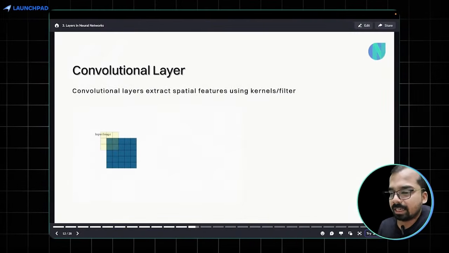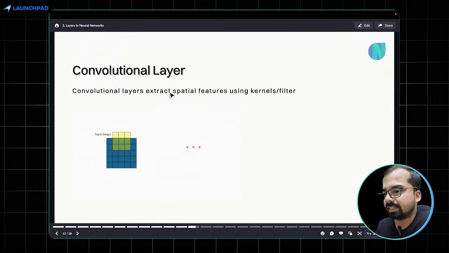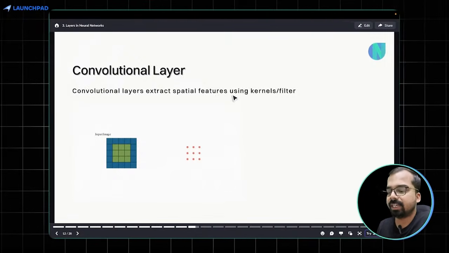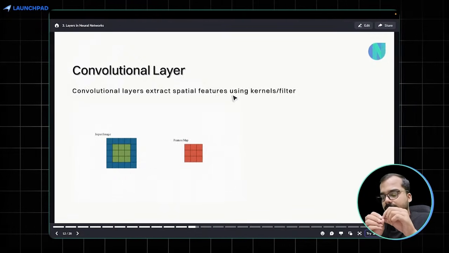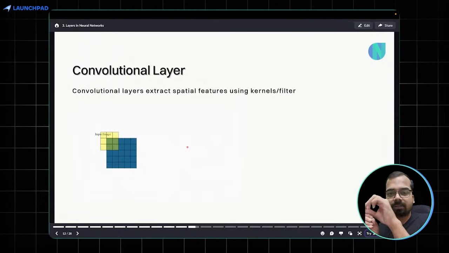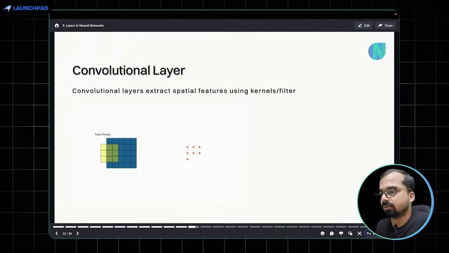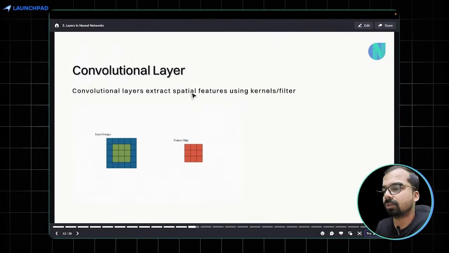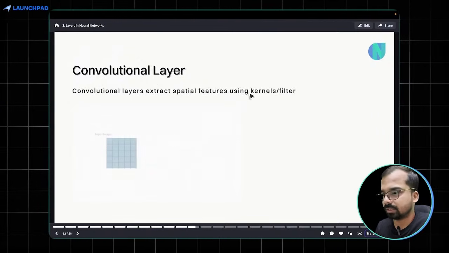If you see this example, convolutional layers extract spatial features, because the pixels in an image have connection with each other along the space. That's why it is quite useful when you want to extract spatial features.